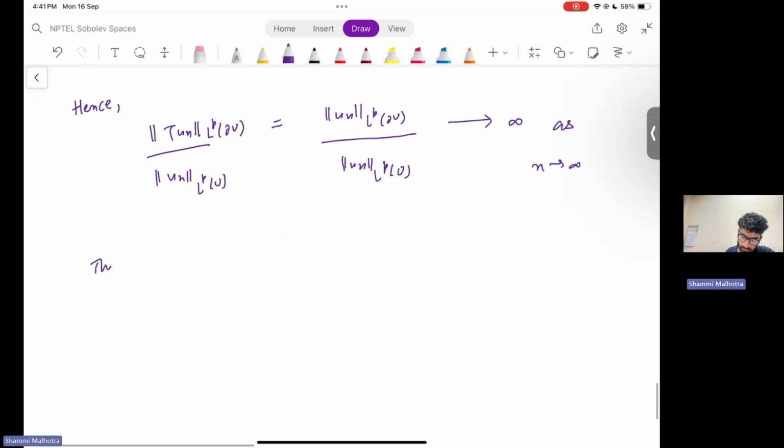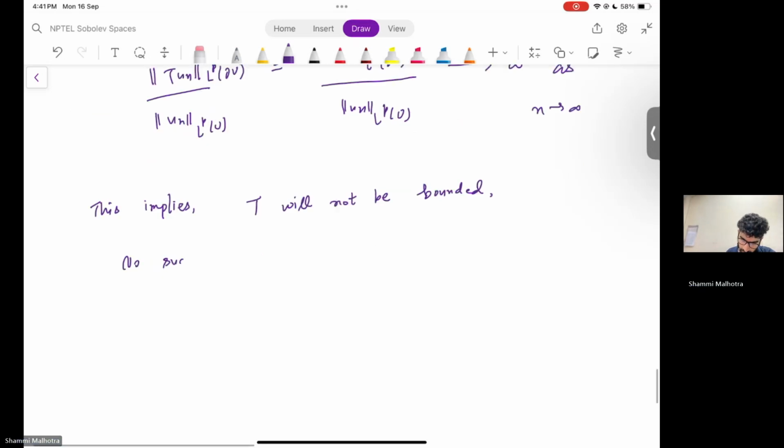This implies T will not be bounded, because if there is some linear operator, then this ratio has to be bounded. So no such T exists.